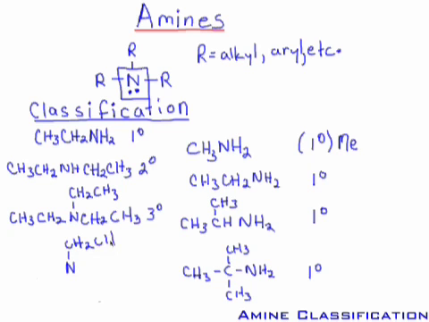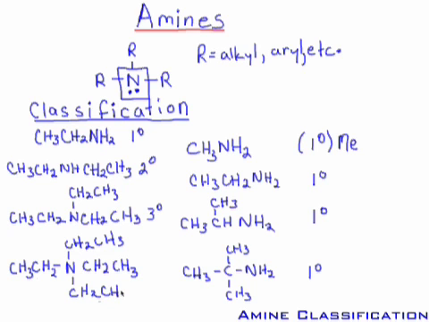And a nitrogen that has four carbons off of it is a cationic salt. It possesses a positive charge. And so you actually can have quaternary or fourth-degree nitrogen-containing species.